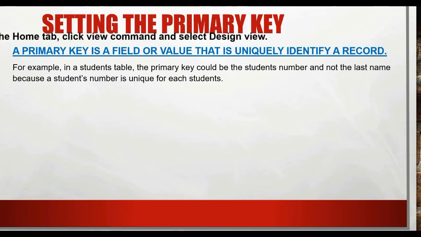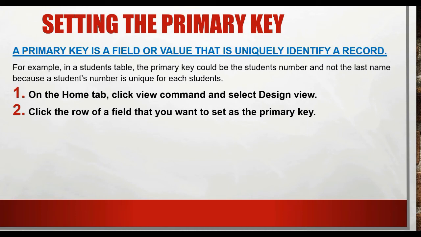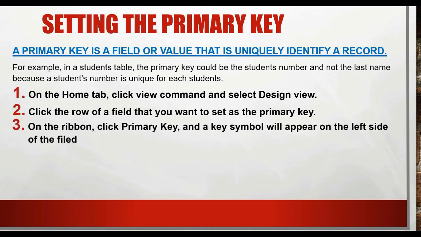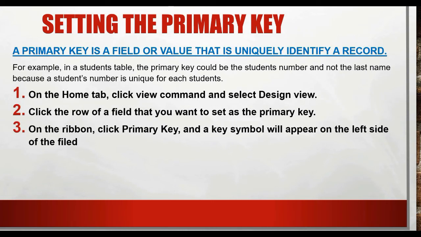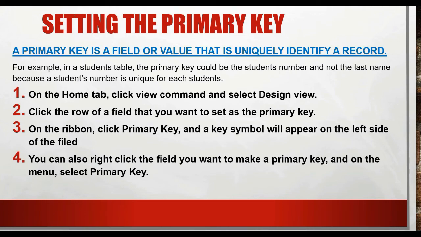The steps in setting the primary key: on the Home tab, click the View command and select Design View. Click the row of the field that you want to set as the primary key. On the ribbon, click Primary Key, and the key symbol will appear on the left side of the field. You can also right-click the field you want to make a primary key, and on the menu, select Primary Key.